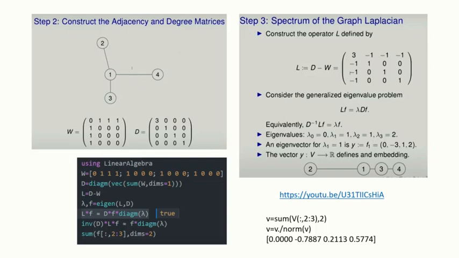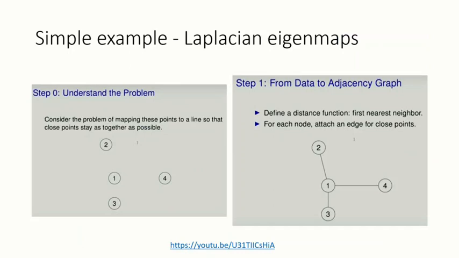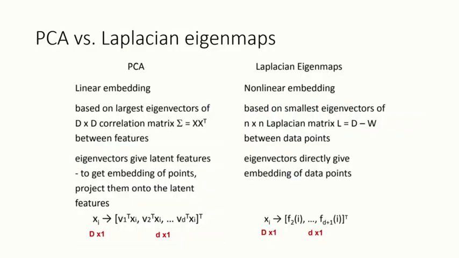So this is a very small example. It will not be very intuitive to show why it is like that, but I just show you the steps, okay? So they are somehow linked. You can compare with the PCA. This is for nonlinear embedding. The PCA is certainly only applicable to linear embedding situations.